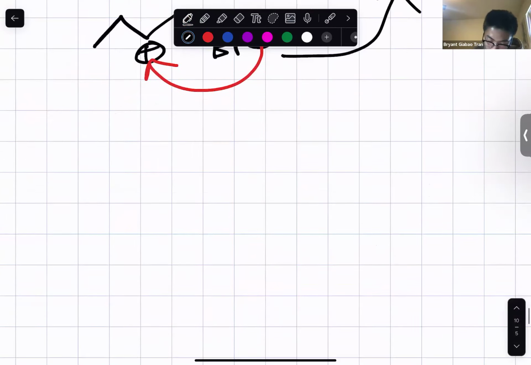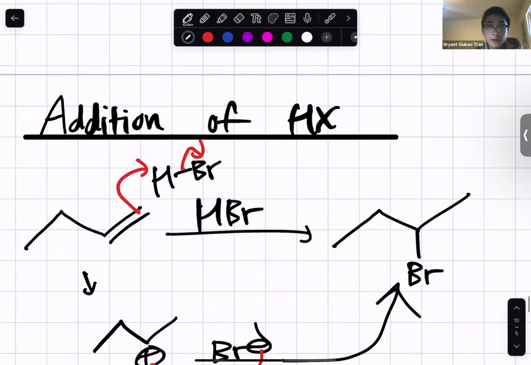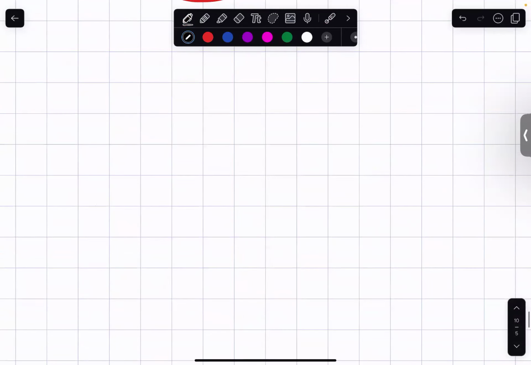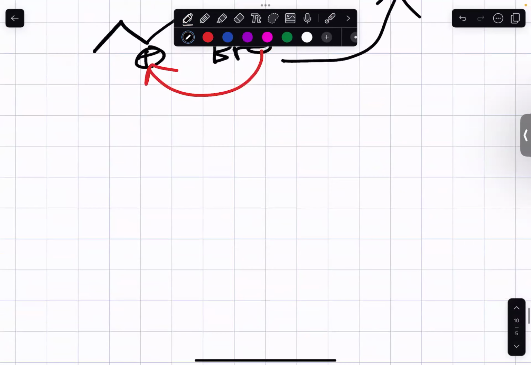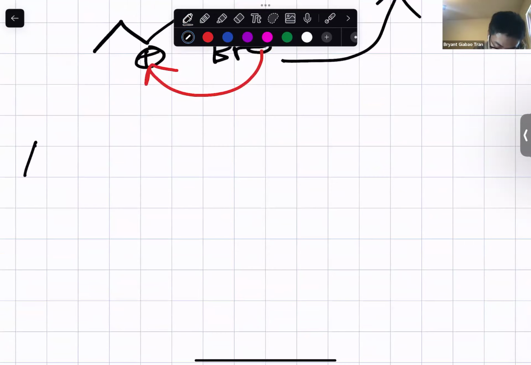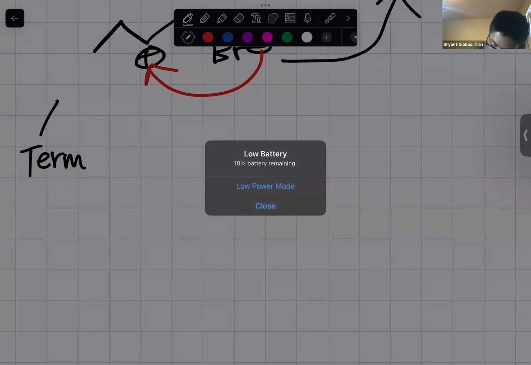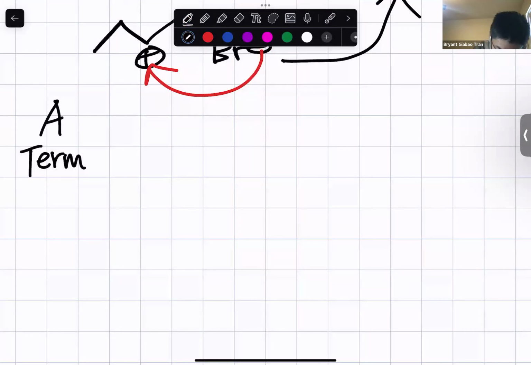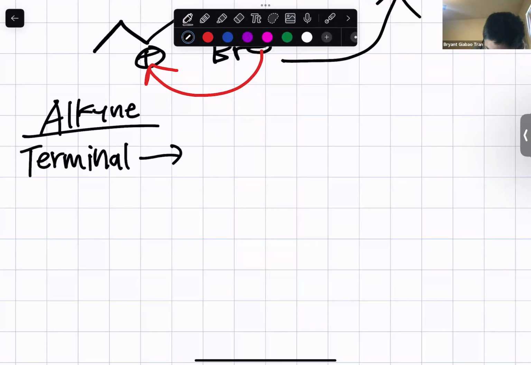This is going to be the exact same mechanism and reaction for the alkyne, but two times. And there are different types of alkynes that you could have. Let's say you had a terminal alkyne. You're going to get one product.